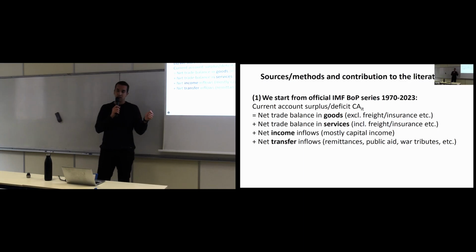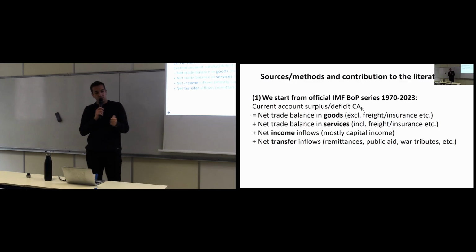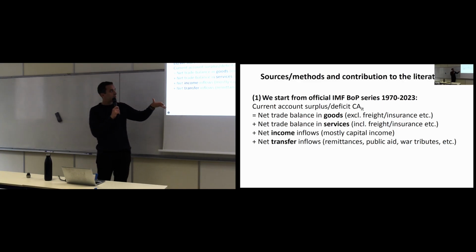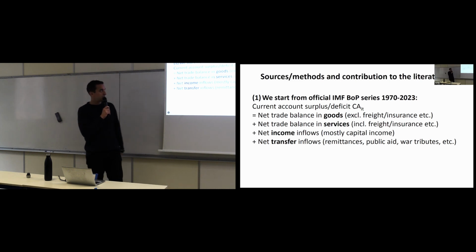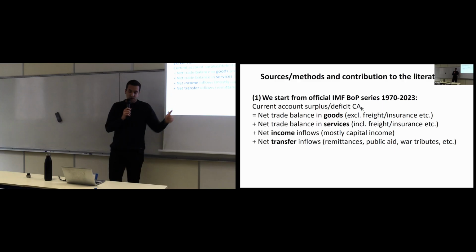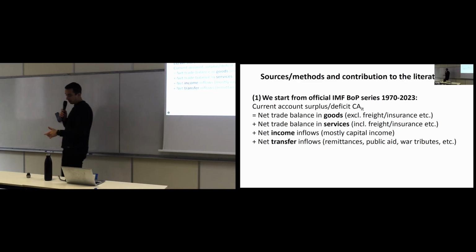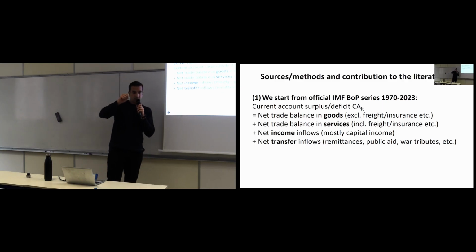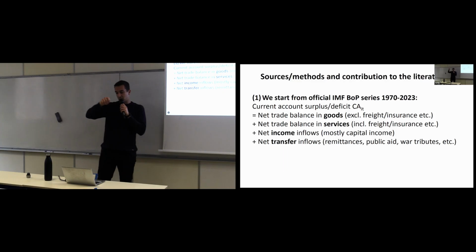So typically in the past, or even today, if you want to send a good from France to Argentina, you might use a third-party ship, and this is a service export from the country that this ship belongs to. Income flows. Income flows are mostly capital income, but they can be also labor income. So income flows is basically the result of the factor of production retribution in another country.